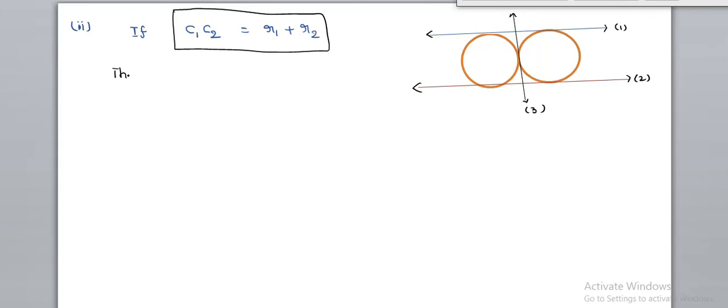Then the two circles touch each other externally.